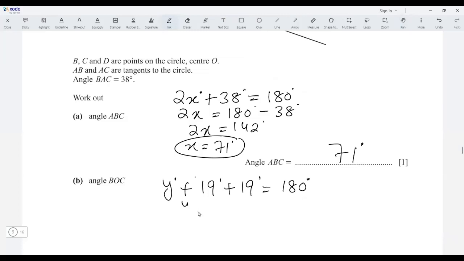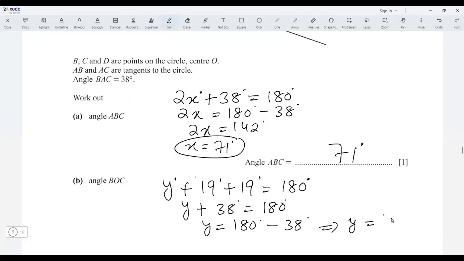So add them up, it will be 38 degrees. Subtract 38 from 180, that will be the required result, that is basically 142 degrees for angle BOC.